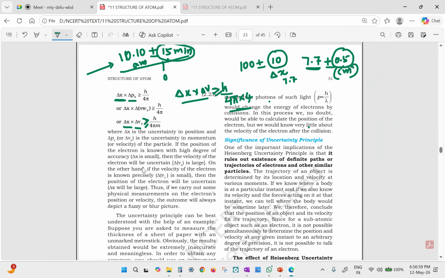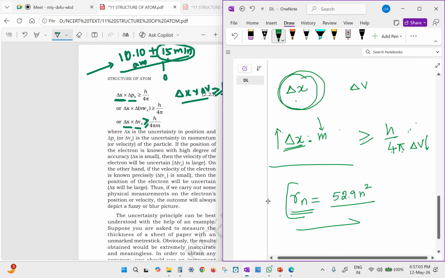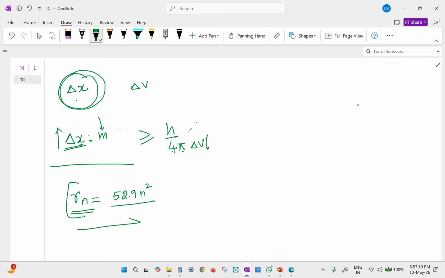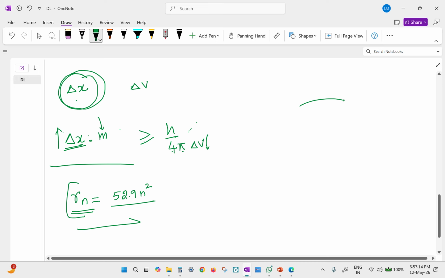And why so uncertain? I'll tell you. Supposing I want to find out the position of an electron. I want to know where Shri is now. Should I not look at Shri?